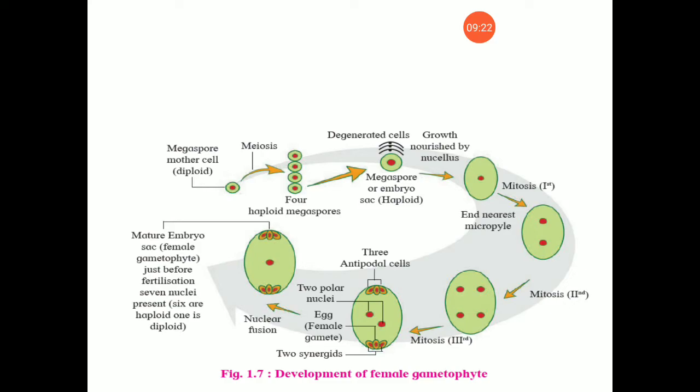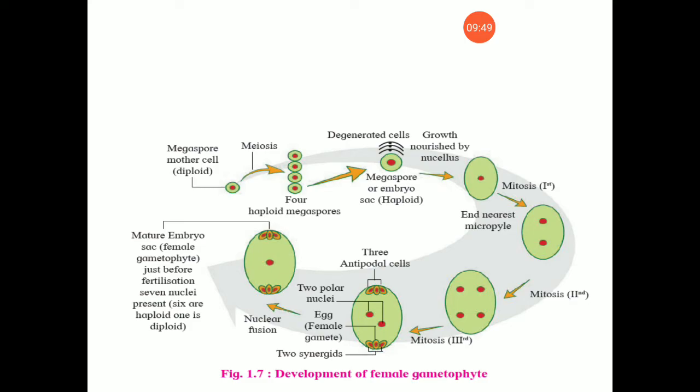Both the nuclei undergo two successive divisions. This results in formation of 4 nuclei at each pole, and an 8-nucleated structure is formed.